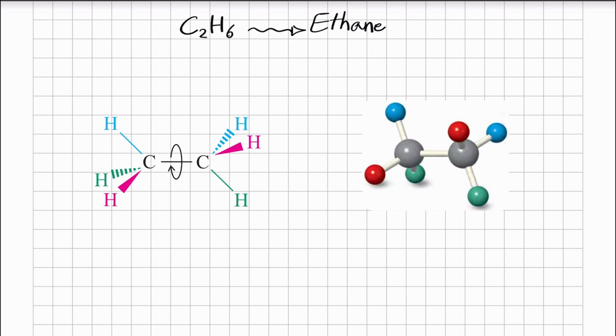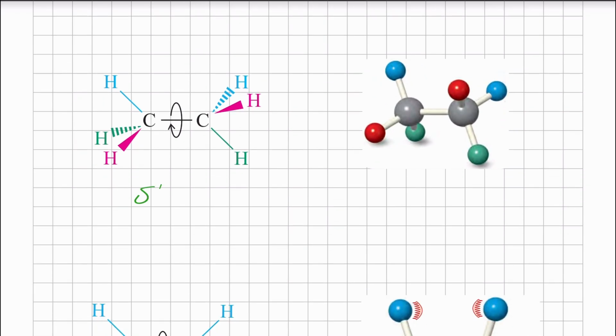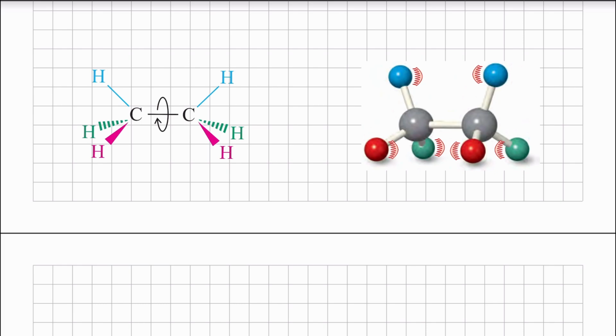For the first one, in which the hydrogen from one carbon gets between the two hydrogens of the other carbon, we call this staggered conformation. On the other hand, when the hydrogens are exactly opposite of each other, we can say that this one is eclipsed conformation.